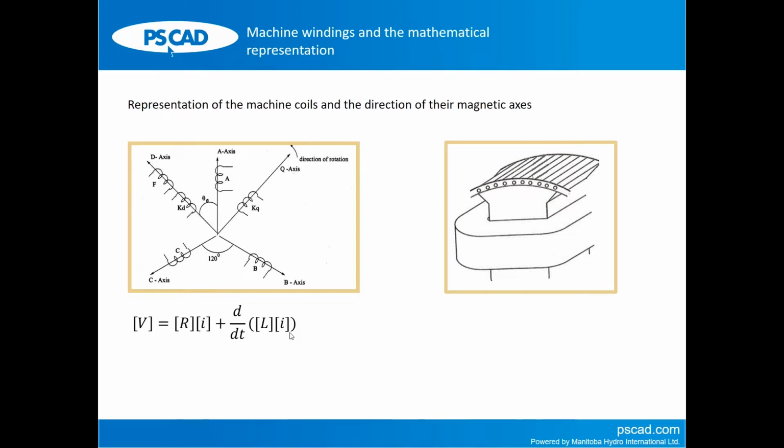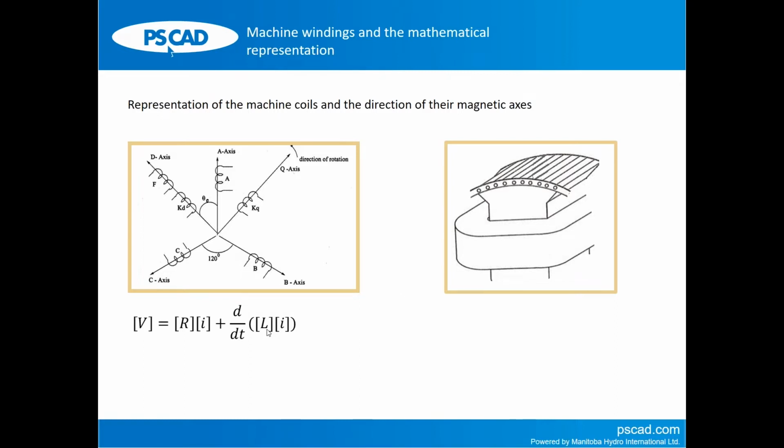We are used to the equation where we say V equals Ri plus L di by dt, right? Here it is d by dt of Li. That is because both L and I are time dependent. The L is not a constant.